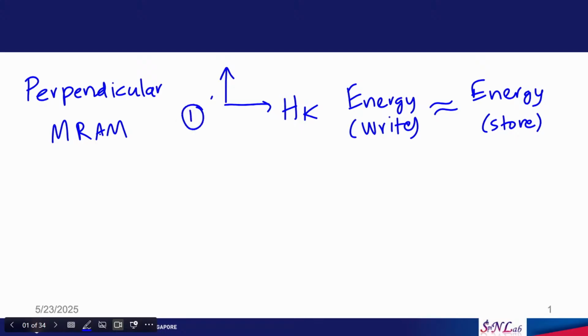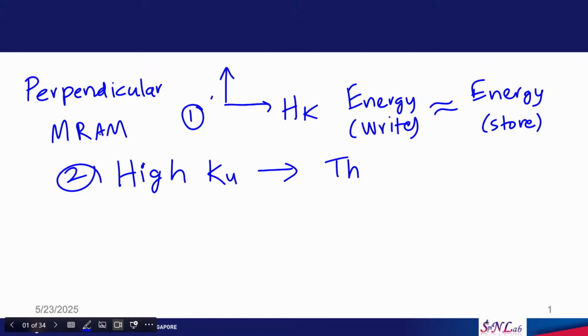So, that is one point. And the second point is that we can use high anisotropy material. So, because of high anisotropy material, you can achieve high thermal stability, and because of that, you can potentially make MRAMs smaller than 60 nanometer.